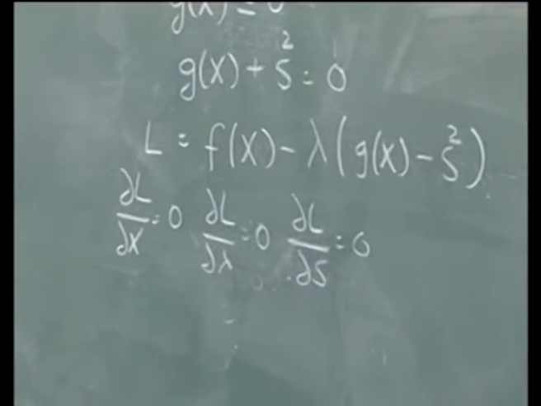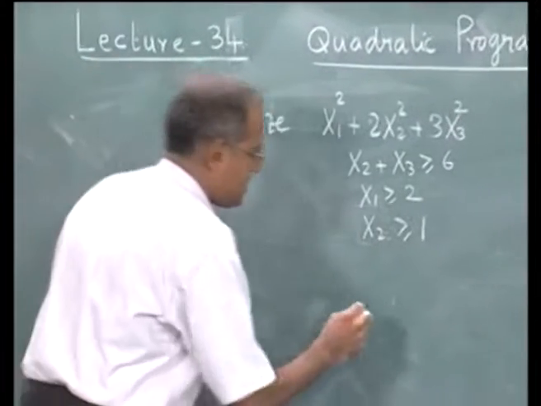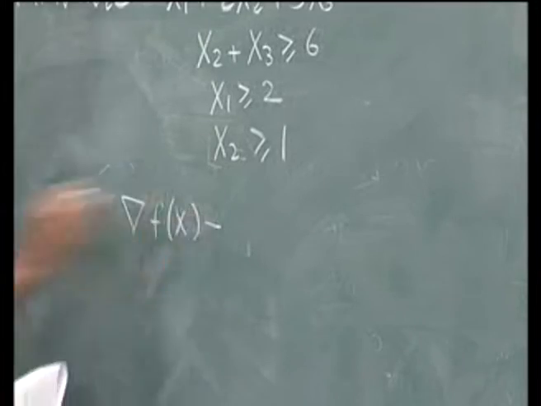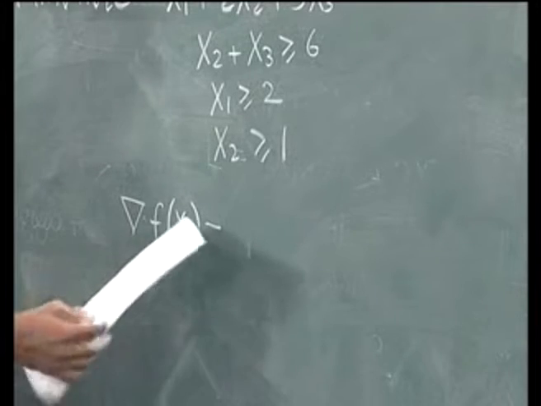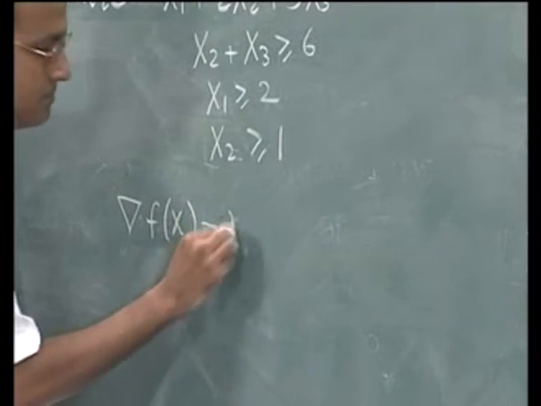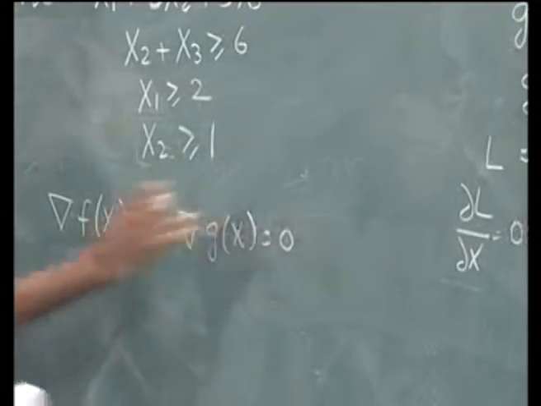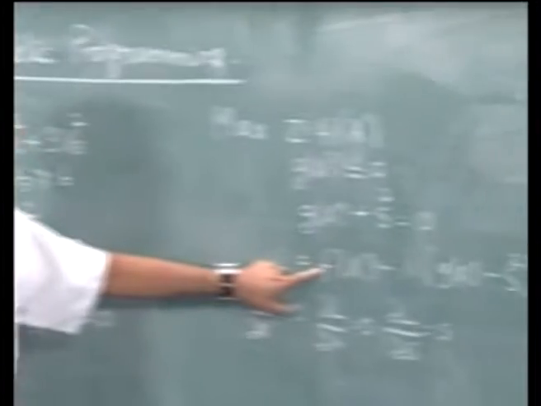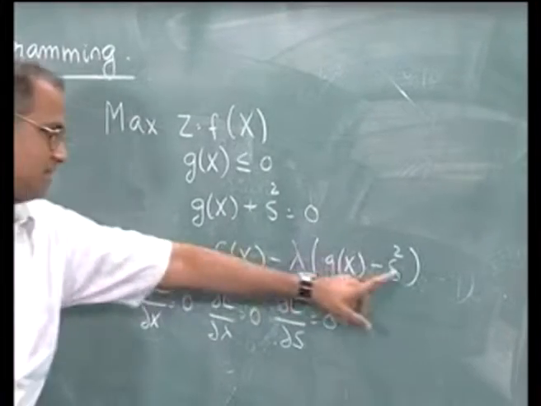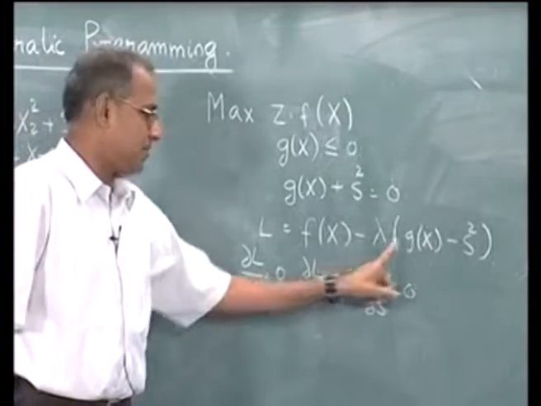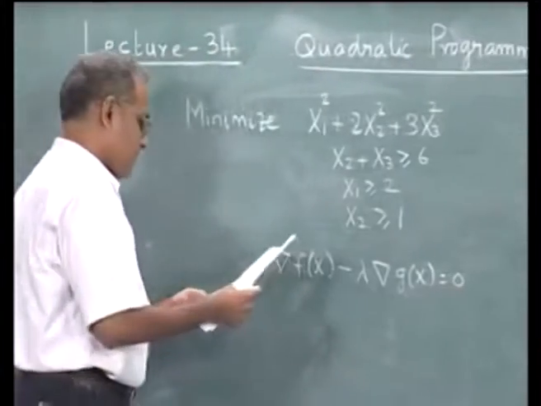Dou L by dou x equal to 0 would give us del f of x minus lambda del g of x equal to 0, because this is dou by dou x of f of x. Now, this will not be there because we are partially differentiating with respect to x. So, minus lambda del g of x equal to 0.